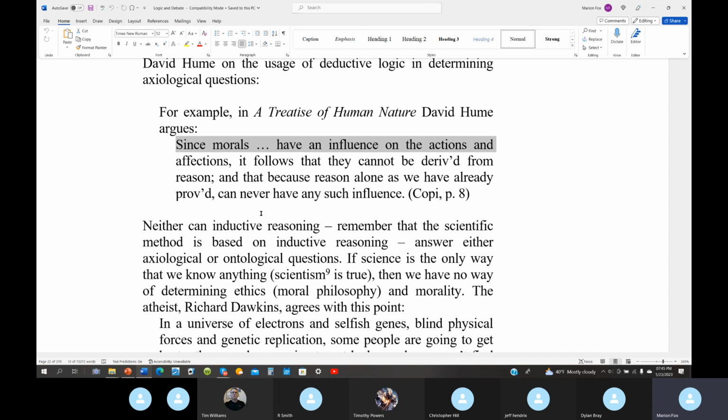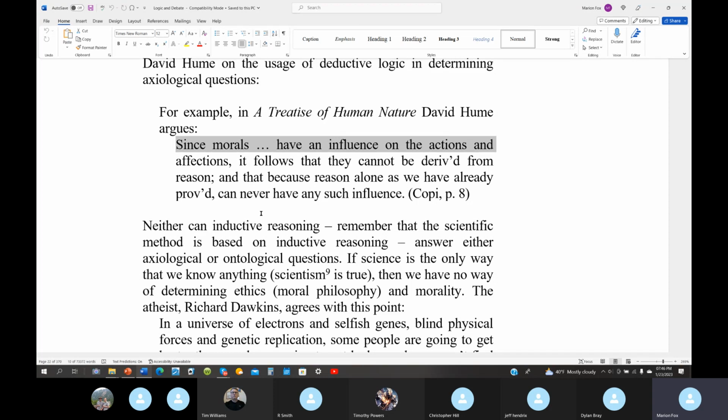So Hume, an atheist, agrees you can't, with reasoning, determine anything is right or wrong. If all you've got is reasoning, you don't have any other information to put into it. And I agree with him. We have to go to God's word to determine right and wrong. That's my conclusion. That's the only source.